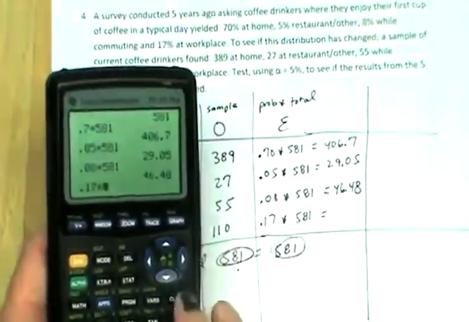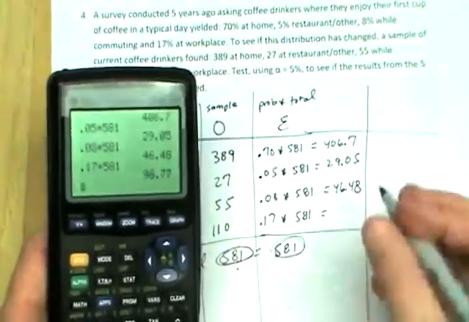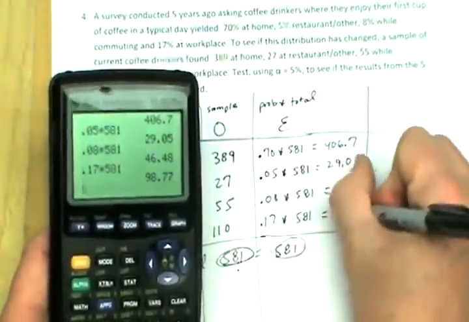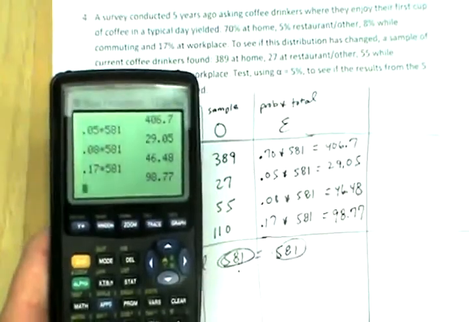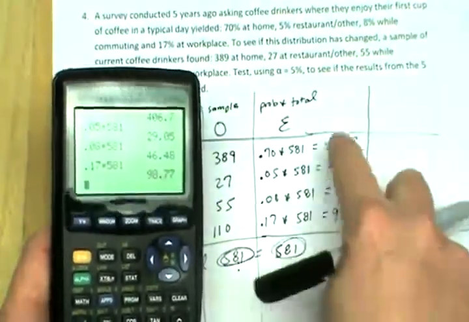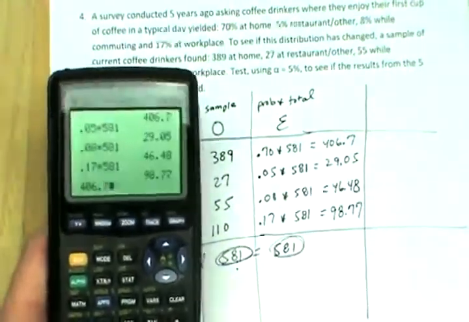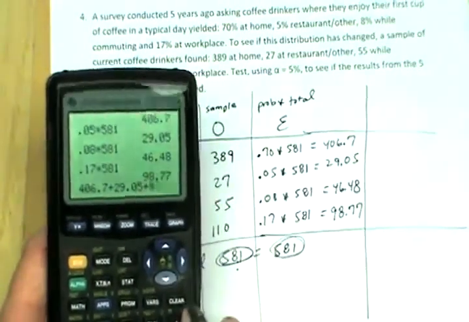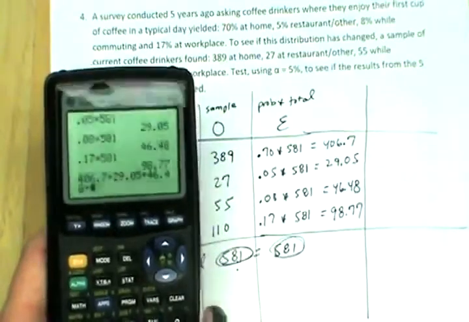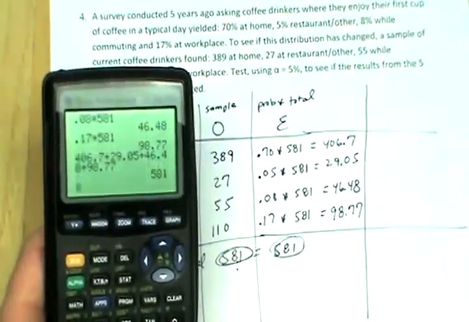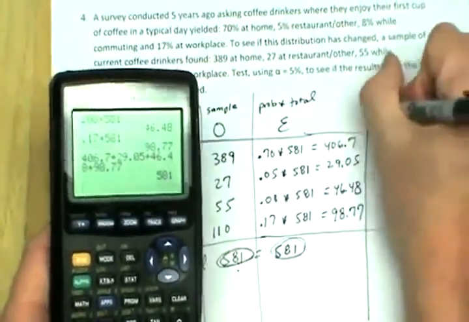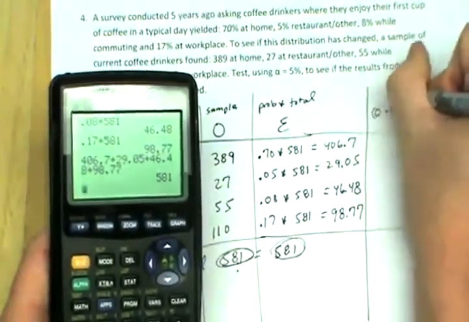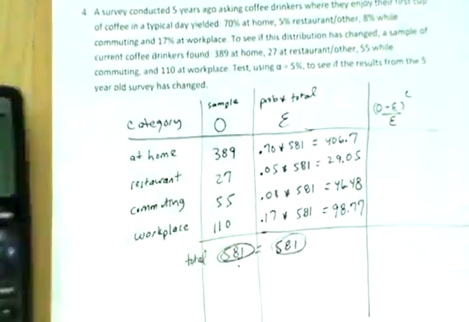And 0.17 times 581 gives us 98.77. If we add all those up, 406.7 and 29.05 and 46.48 and 98.77, there's our 581. Now we're going to find observed minus expected squared over expected.